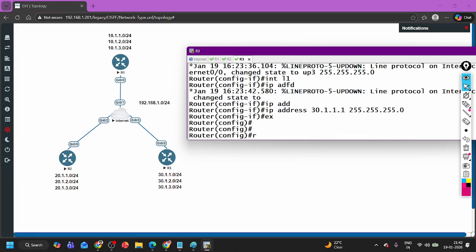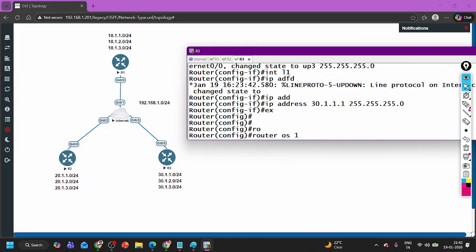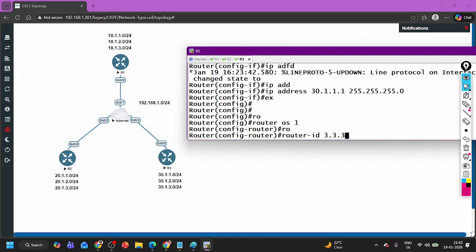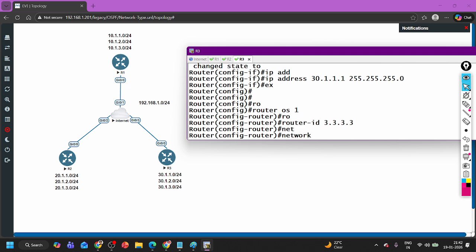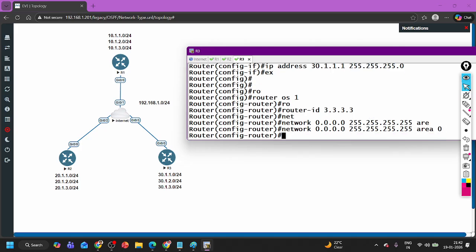Let me enable OSPF. Router OSPF 1, router ID 3.3.3.3 and network 0.0.0.0 255.255.255.255 and area 0. I have advertised all interfaces in area 0.